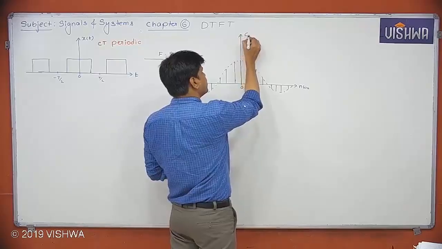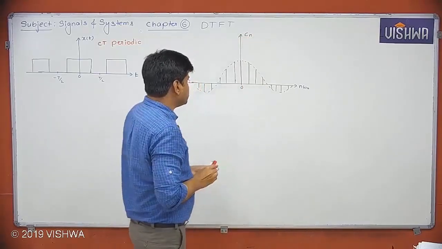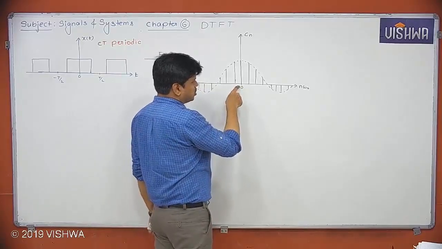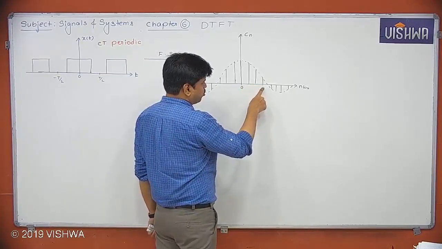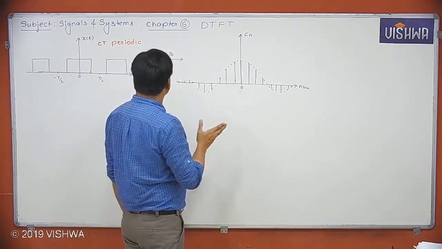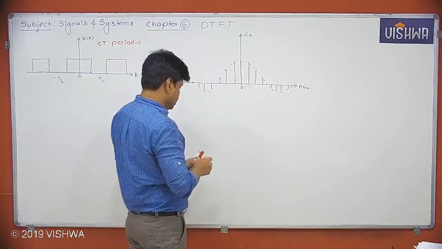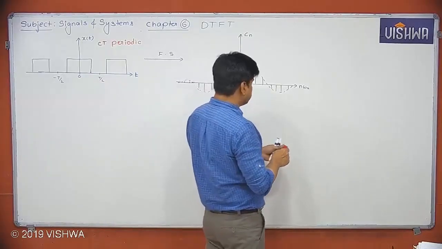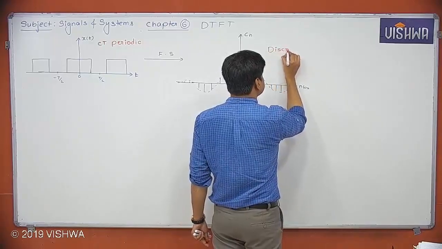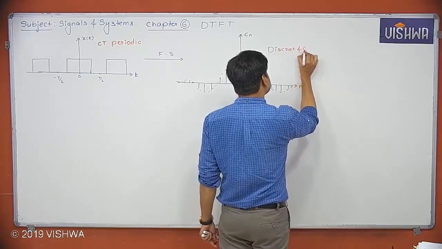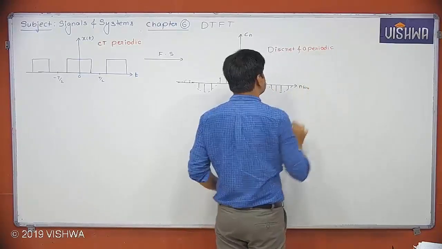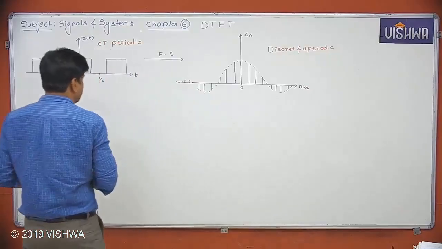This is Cn. What is the nature of Cn? Definitely it is discrete. It is 0, omega naught, 2 omega naught, 3 omega naught, 4 omega naught, like that it goes. So it is a discrete spectrum as well as aperiodic in nature. So it is discrete and aperiodic.